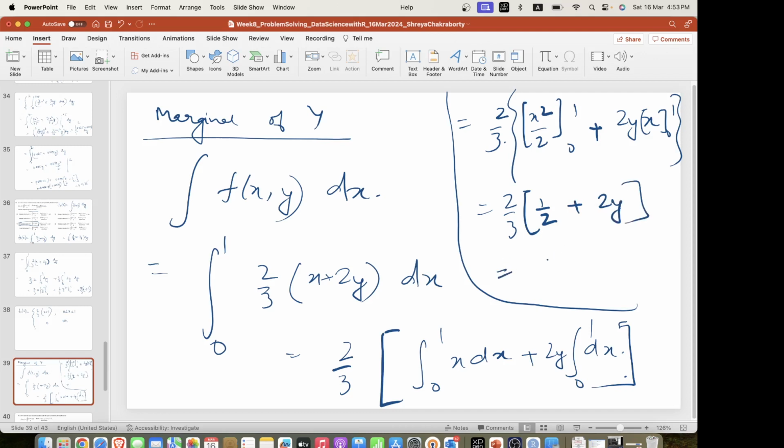So this would be how much? This would be 1/3 plus 4y/3. So if we take 1/3 common, it would be (4y plus 1), and the range of y would be 0 less than y less than 1, as is given here.